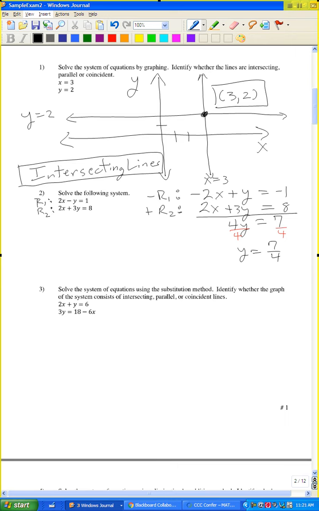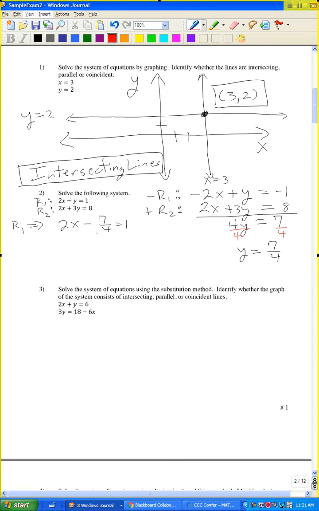Let me plug that back into, let's say, the first equation. So R1 is just going to be 2x minus 7 over 4 equals 1.